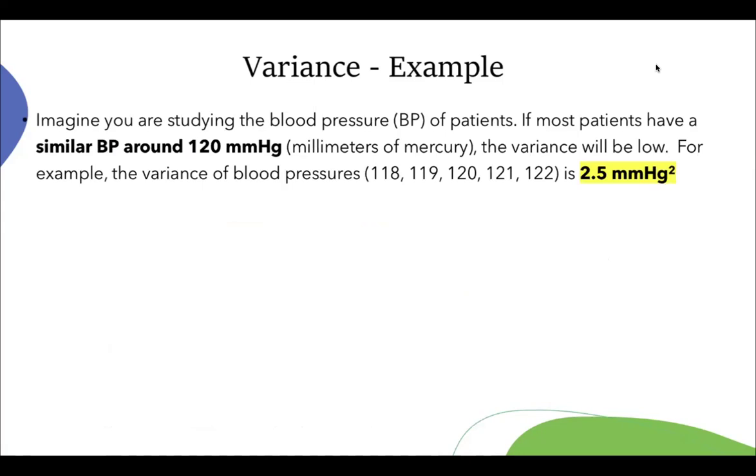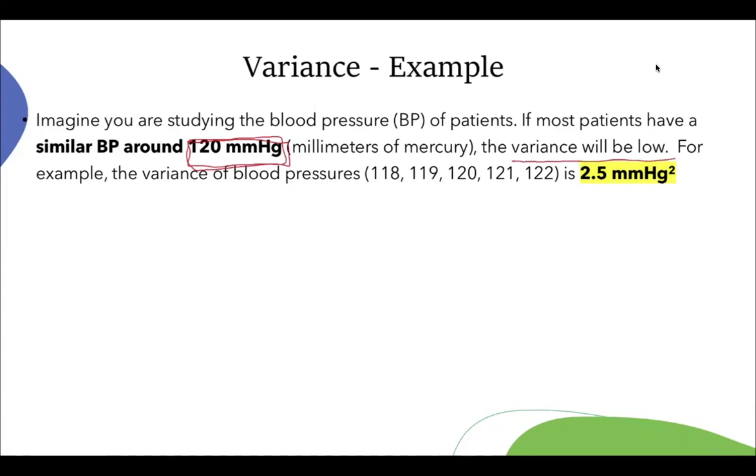So let's look at an example. Imagine we're studying blood pressure of patients, and most patients have a similar BP around 120 mmHg. So if most of the patients have consistently measured blood pressures around 120, then we'll have a low variability.